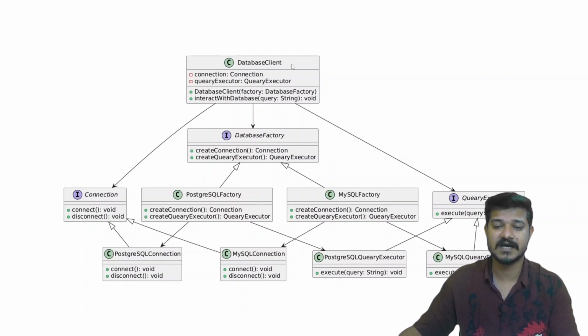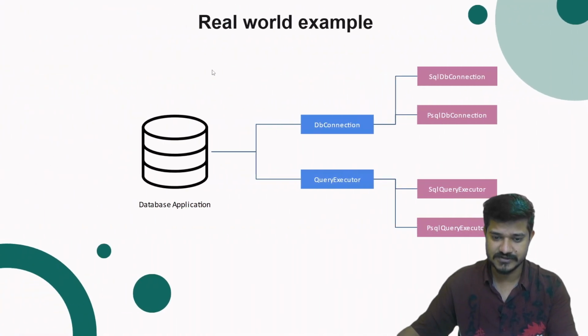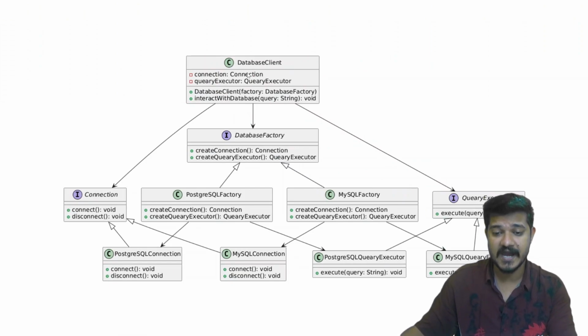Now you can have some client or application, right? We talked about the application here. So this is the database application. You can define a database application or database client, which will have executor and connection. See here, it doesn't depend on any of the concrete classes, right? It depends only on their interfaces or abstract classes.